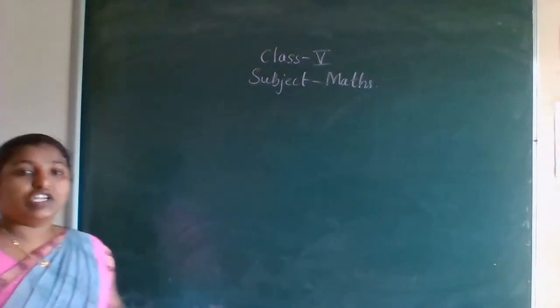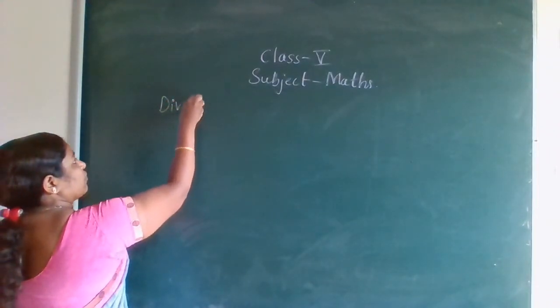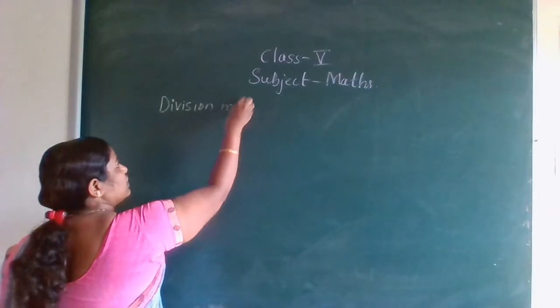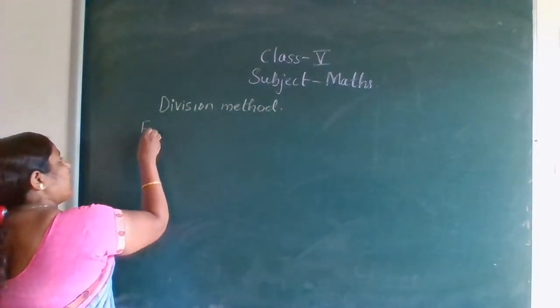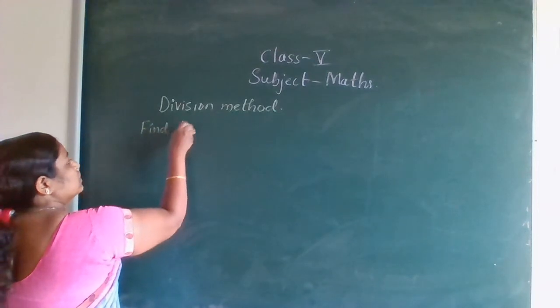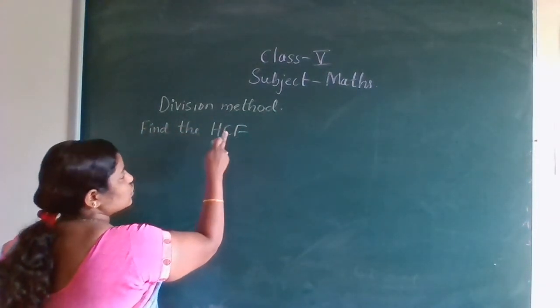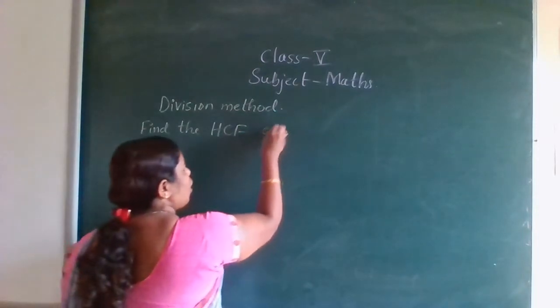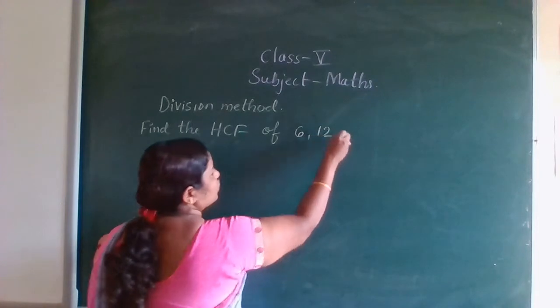Now, how to do LCM and HCF with the division method? Find the HCF, highest common factor, of 6 and 12.